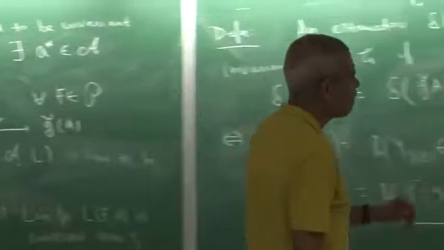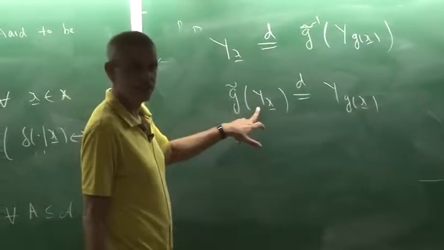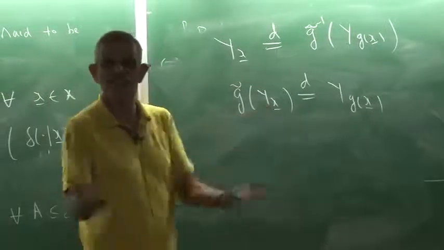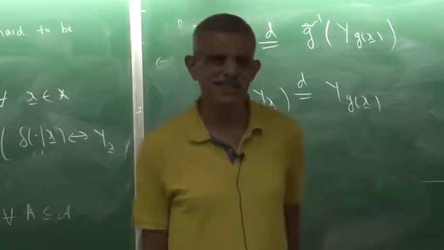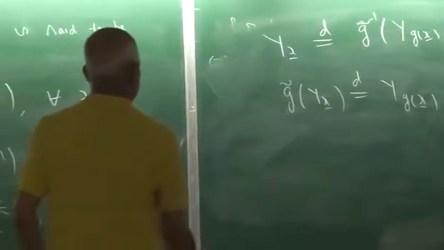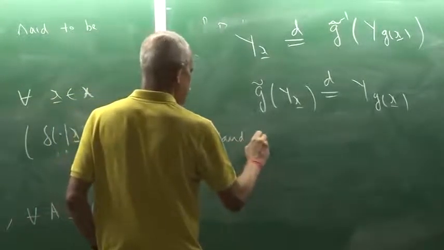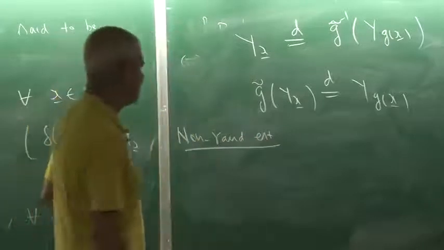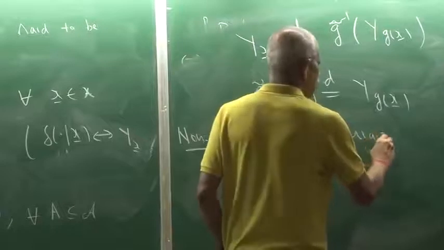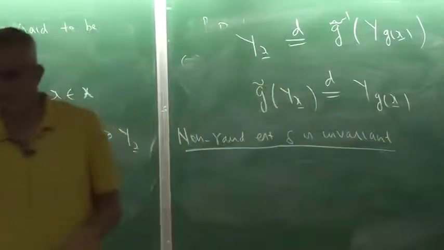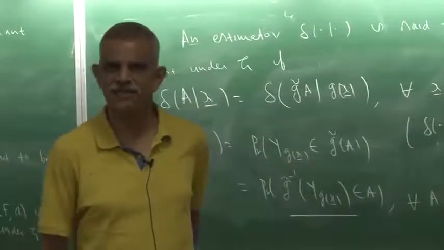Now note that if my estimator was non-randomized, then Y_x is degenerate. In fact, Y_x itself I can call delta of x, which is an action itself. So a non-randomized estimator delta is invariant. Because what is a non-randomized estimator? There is no further randomization, you directly get the action based on x.